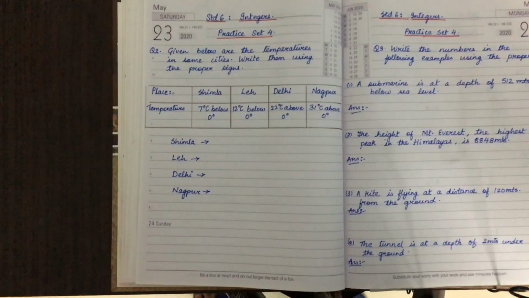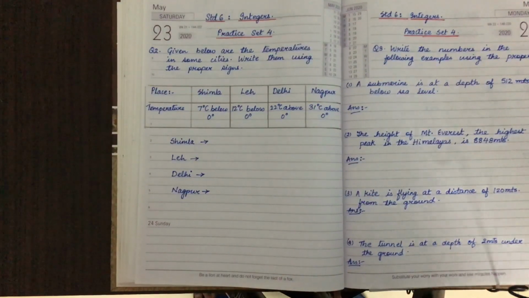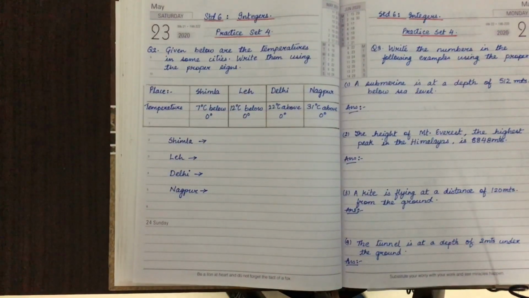In question number 2, you have a table which gives you the temperatures of some cities. You are asked to write them using the proper signs. The first information given to you is about Shimla, and it is said to be 7 degrees below 0.